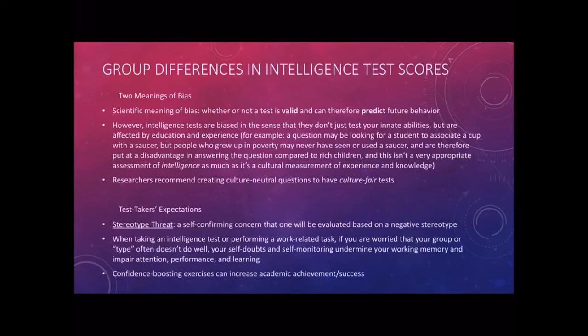We've done all sorts of tests with school children where you tell one group of children, hey, you're about to take this exam. People with blue eyes do really well on this exam. People with brown eyes do really poorly. And then you tell another class of students the exact opposite information, that brown-eyed people do really well and blue-eyed people do really poorly on this test. Well, what you're actually going to see is when you get those tests back, in the group where you said blue-eyed people would do well, blue-eyed people did really well and brown-eyed people did really poorly.